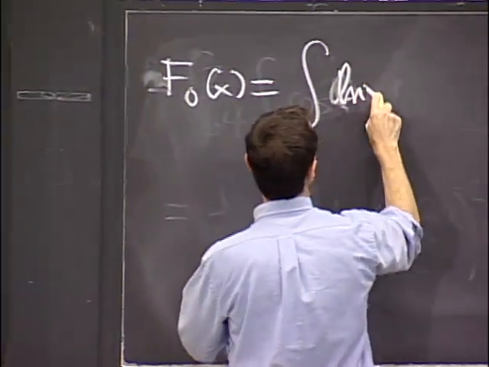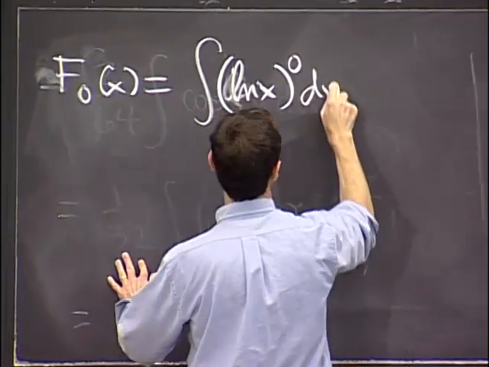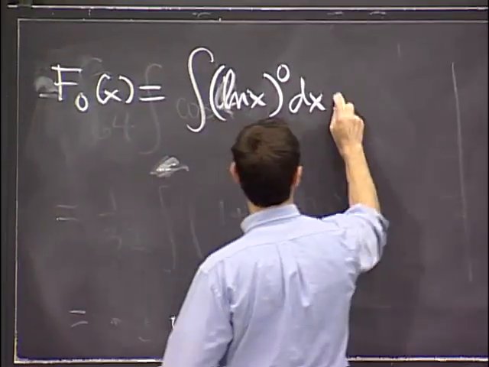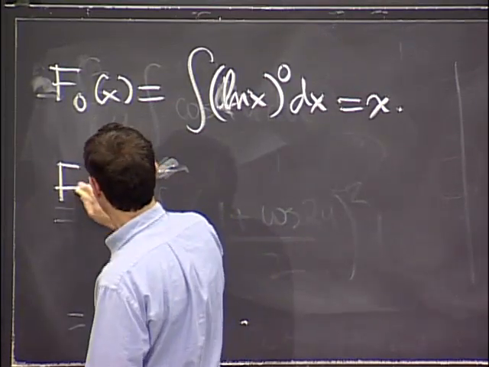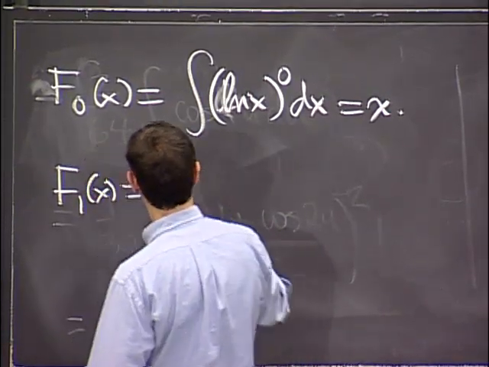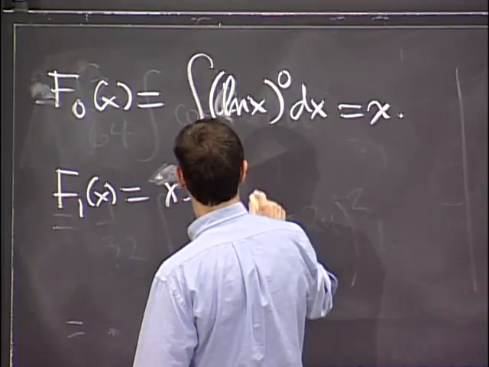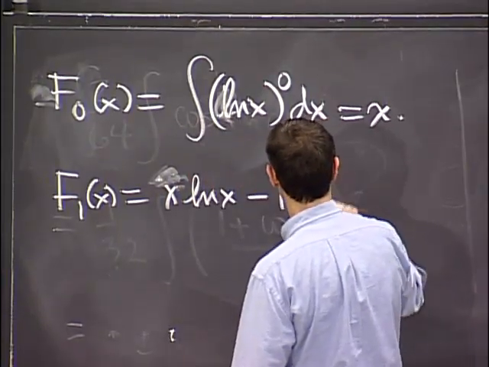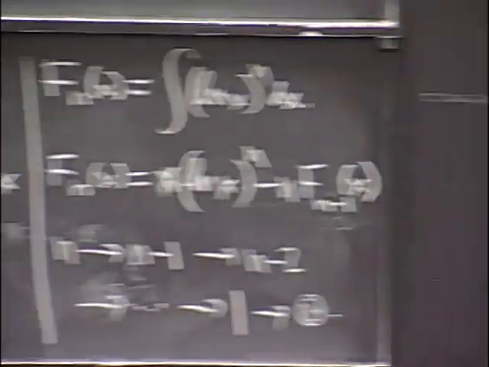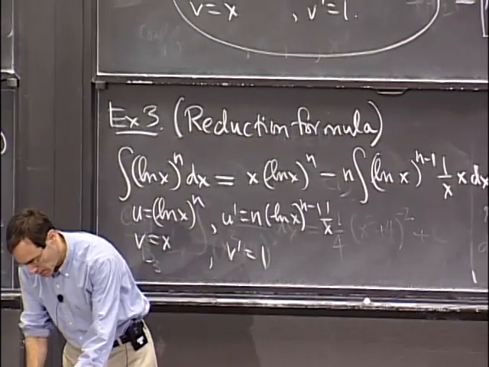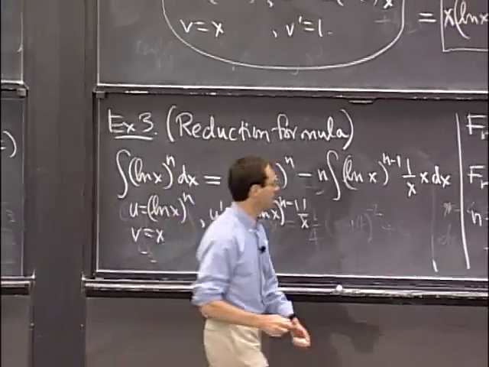So the first step would be to evaluate the first one, which is, if you like, the integral of (log x)^0 dx. That's very easy. That's x. And then f_1 of x is equal to x log x minus f_0 of x. Now that's applying this rule. So let me just put it in a box here. This is the method of induction.